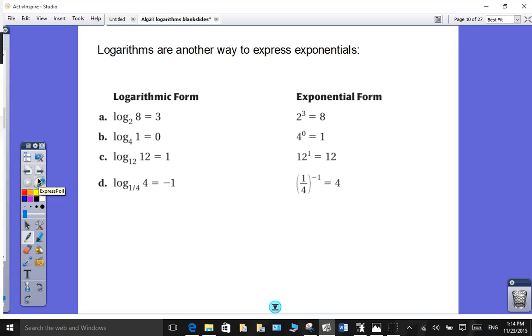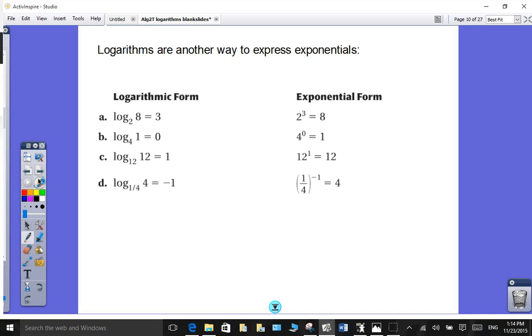So logarithms are related to exponentials in a way that it's one of those three objectives at the beginning, which are coming from the SOLs, the essential learnings, that we're supposed to know: how you rearrange an exponential to make a logarithm, or how you rearrange a logarithm to make an exponential. And it's a pattern, right? And you have to just kind of memorize the pattern. But it's not terribly difficult.